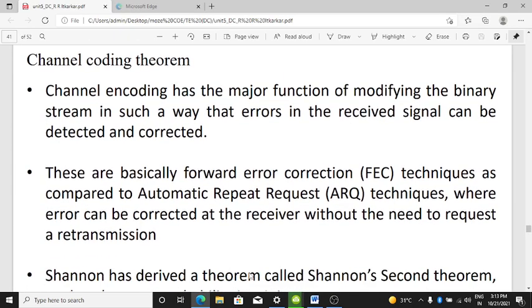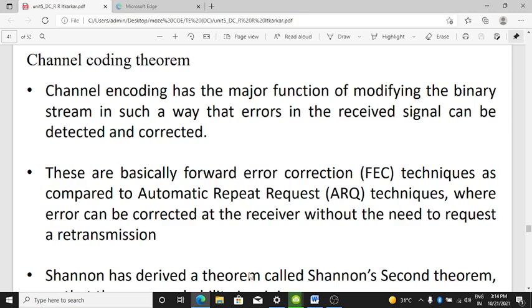Here is the channel encoding theorem from the PPT. As discussed, this is the summarized part. Channel encoding has the major function of modifying the binary stream in such a way that the errors in the received signal can be detected and corrected.